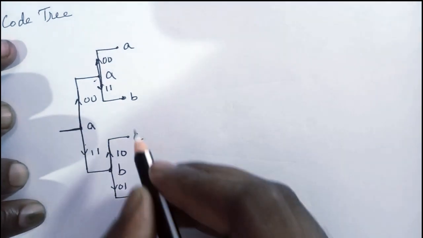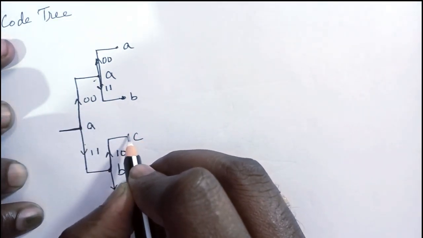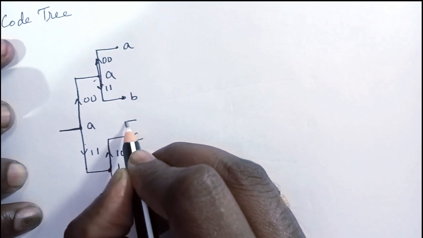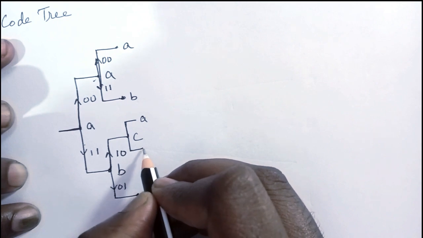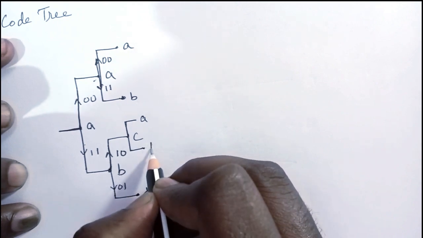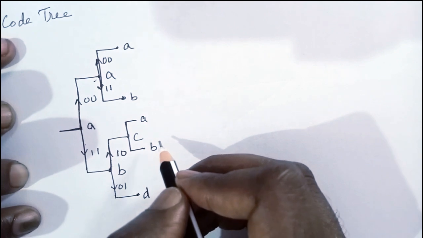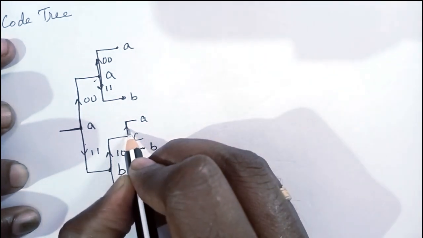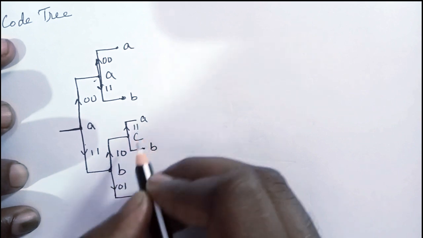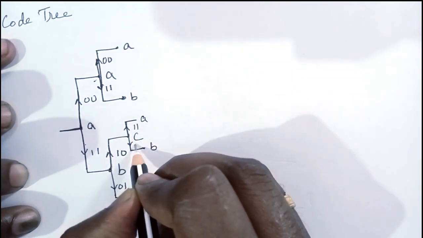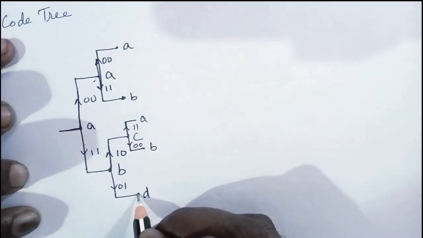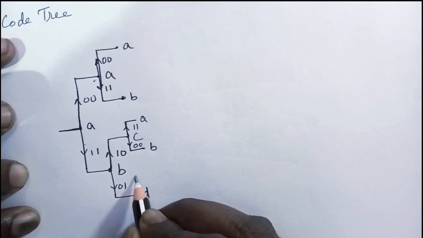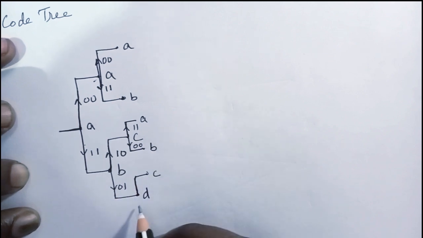From C, if the input bit is 0, it goes to A again, and 1 it goes to B. If it goes to A, the output is 1 1, and if it goes to B, the output is 0 0. From D, if it is 0 it goes to C, and if it is 1 it goes to D.